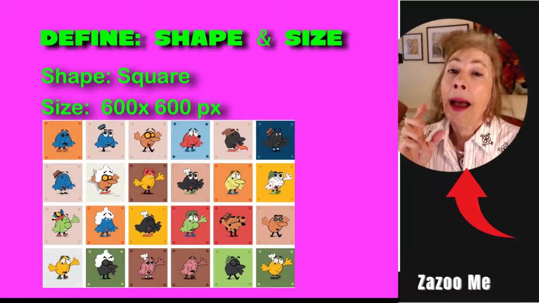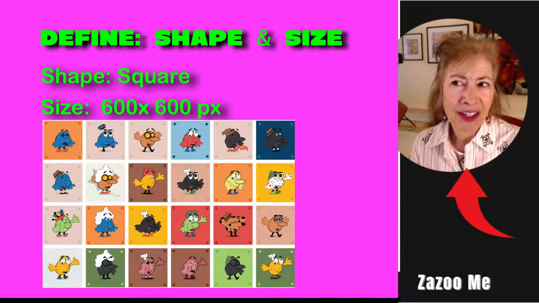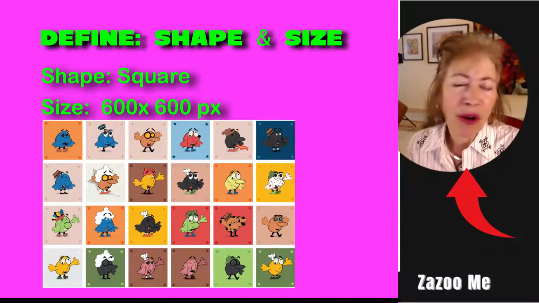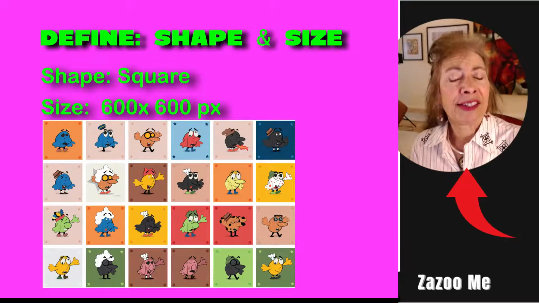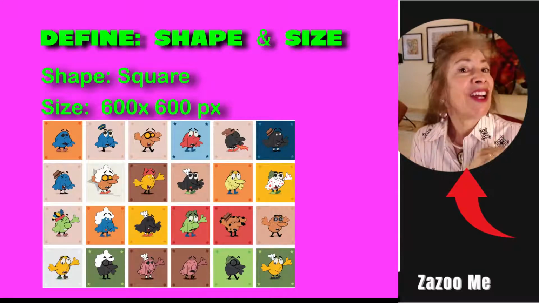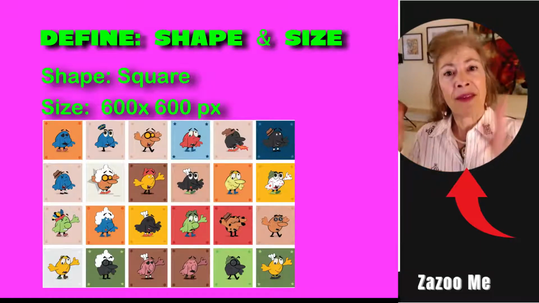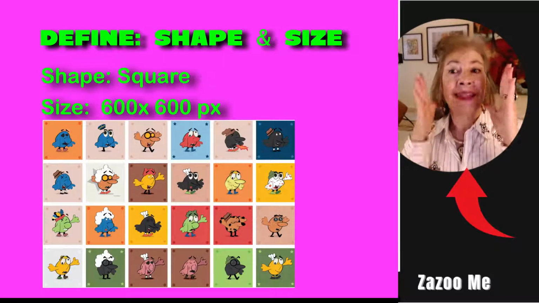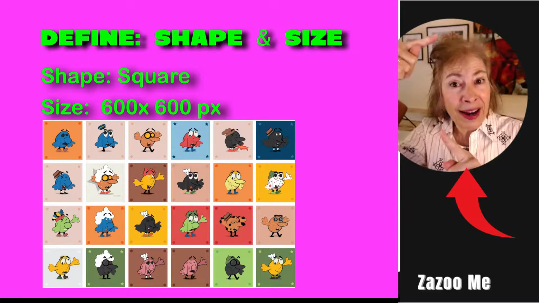Also, generally speaking, most NFT collections today, and this could of course change in the future, are square. Many of them are 600 by 600 pixels. Do you have to do that? You do not. And keep in mind, if you're doing trading cards, they're not going to be square. They're going to be portrait style. They're going to be a rectangle.